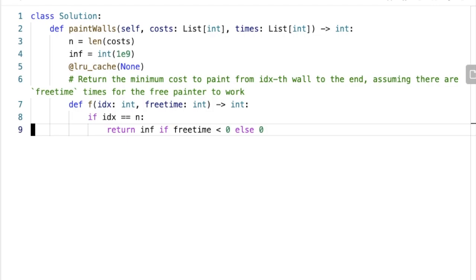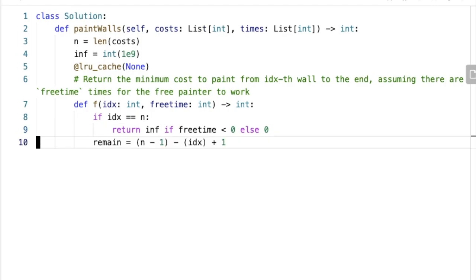But if we actually reach the end and we still have some free time on the negative side, it means that some of the free time was never balanced out. So it's not a valid solution, and it's just going to return infinity, so we are not considering this as a possible answer.